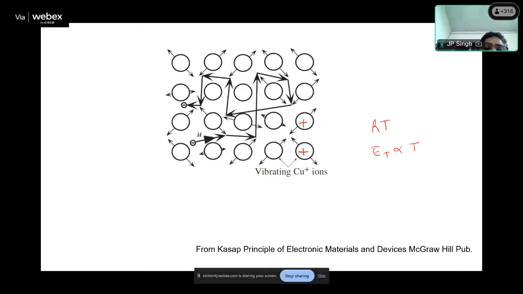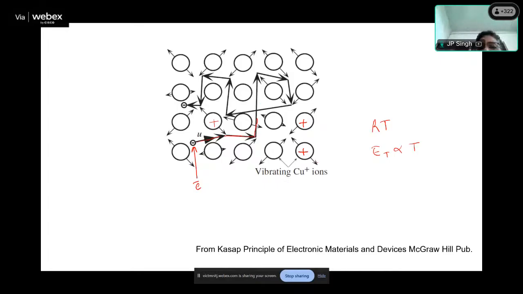Here we are also showing one electron and how electrons are moving. Electrons move with some mean velocity u, and whenever they come near a positive ion core, they get deflected. They come in this direction, get deflected, get another deflection, in random directions.